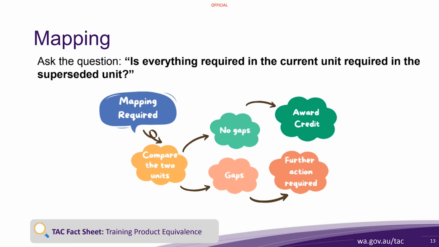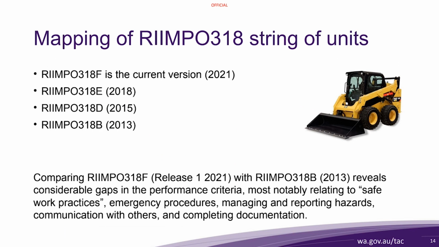So what we might do is then look at an example of where this has been done. And this was done with, as mentioned before, 45 units of competency across the 45 training packages. But just taking the RII MPO 318 unit of competency, the current version is F, and it is current since 2021.